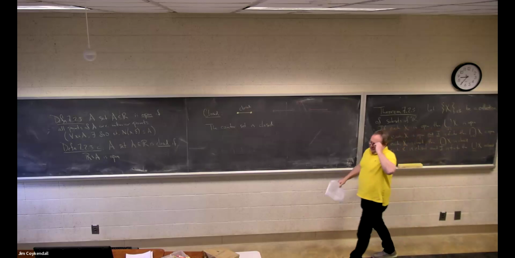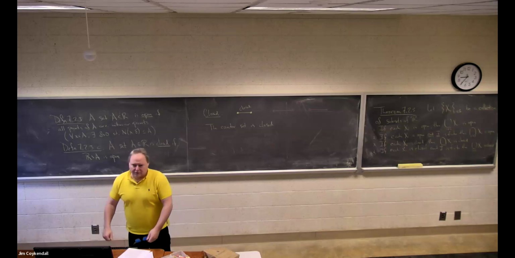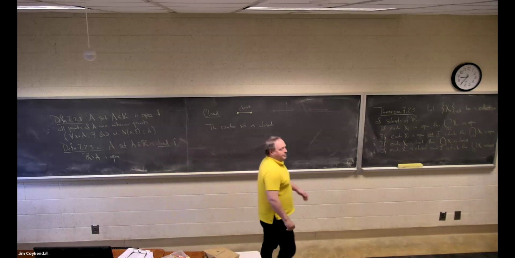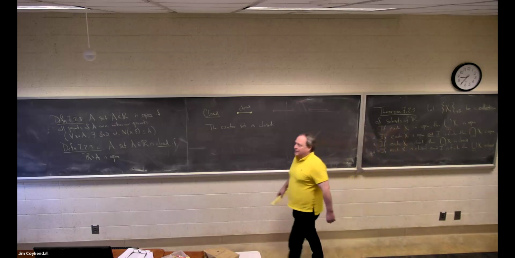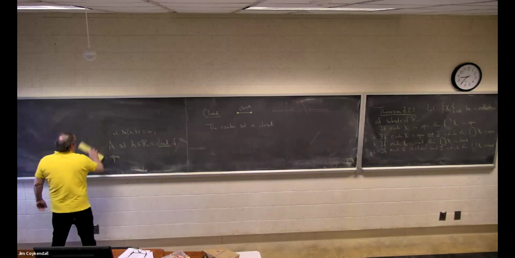So closed does the opposite. That is to say, if you have any collection of closed sets and you intersect them, it's still closed. But you can only trust finite unions of closed sets to still be closed. Let me see why this is true.